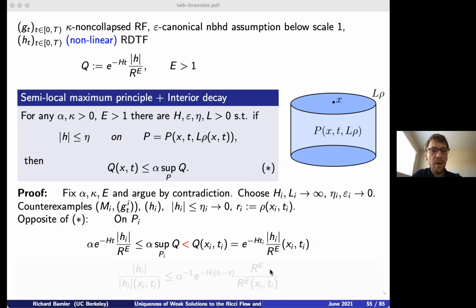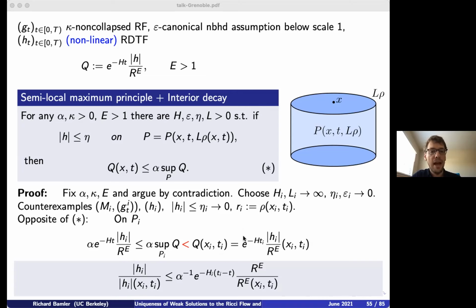Okay? And now what I'm going to do is I'm just going to divide by h_i at x_i, t_i and I guess multiply by r to the E. Okay, so on this parabolic neighborhood P_i, this bound is true. So if I normalize h_i by h_i at the point x_i, t_i, then this is bounded by alpha to the -1 times this exponential factor.